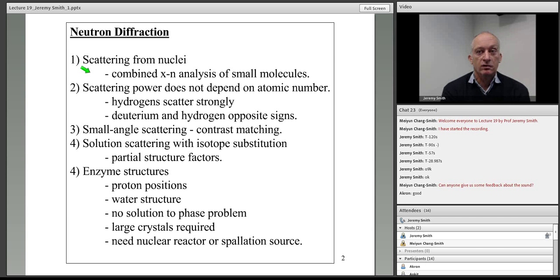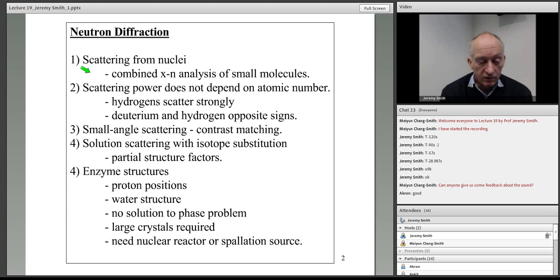CH bonds are all over biological polymers, for example, and they have a certain bond length that's defined as the distance between the C nucleus and the H nucleus. Now, neutron diffraction can accurately measure that from crystallography.